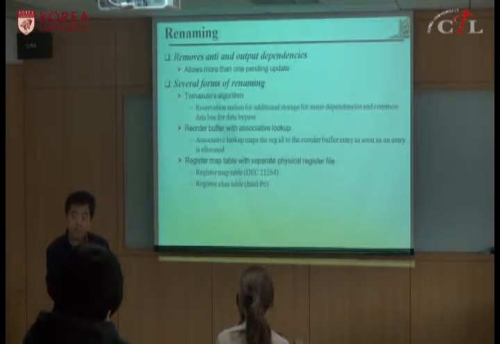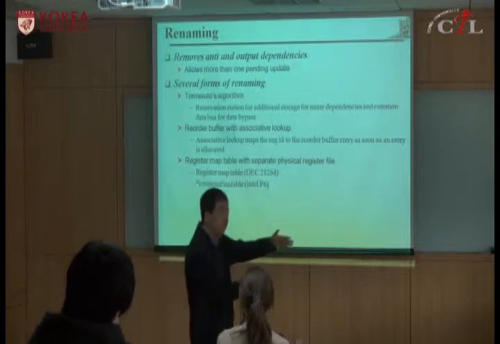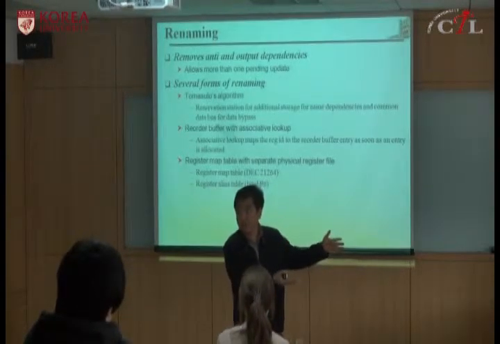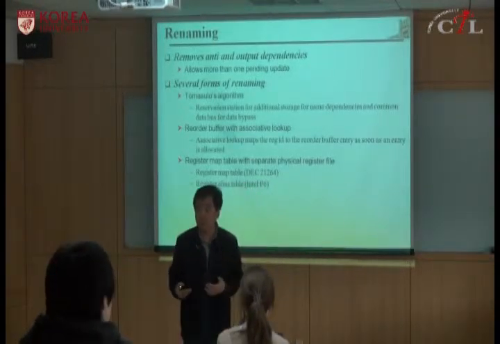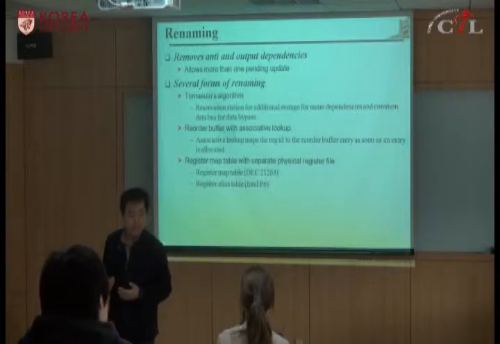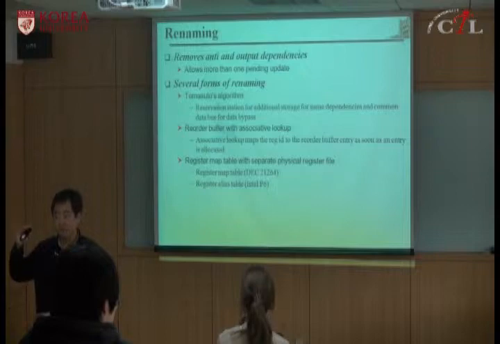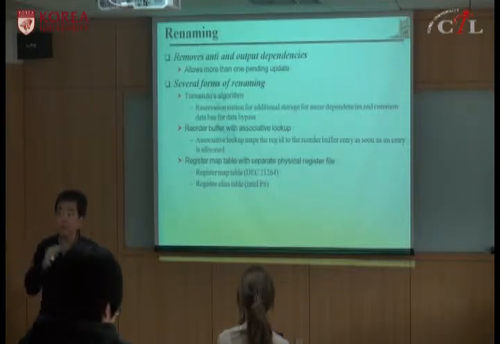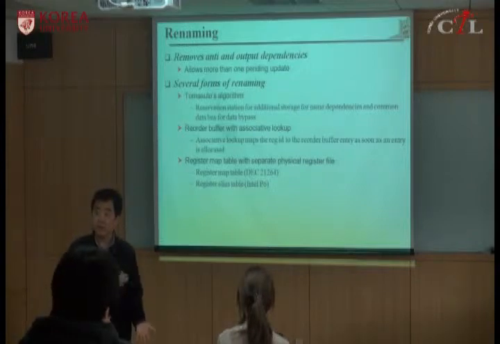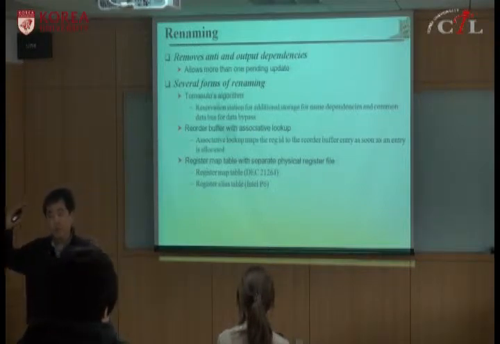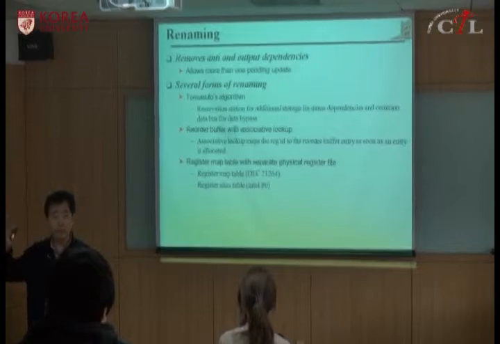When you program, you are programming using logical registers. And without register renaming, you actually have the same set of registers in your physical register file. But in out of order or dynamic pipelines, to remove this anti and output dependence, you have a separate register file called the physical register file, which is much bigger than the logical register file. Since you have more storage in your physical register file, you can do this renaming.